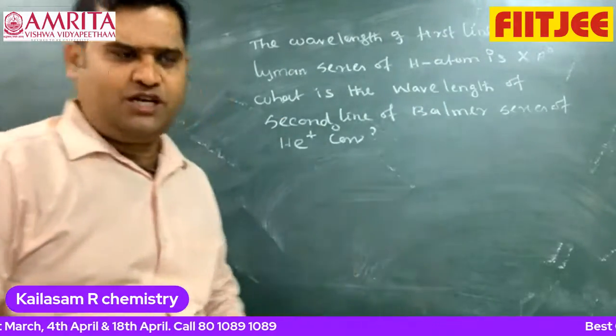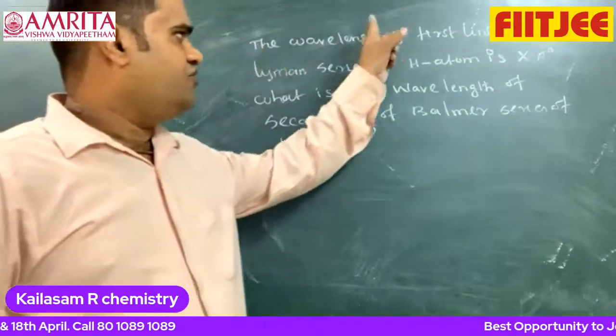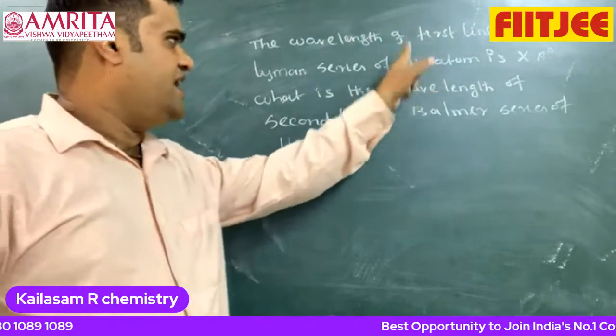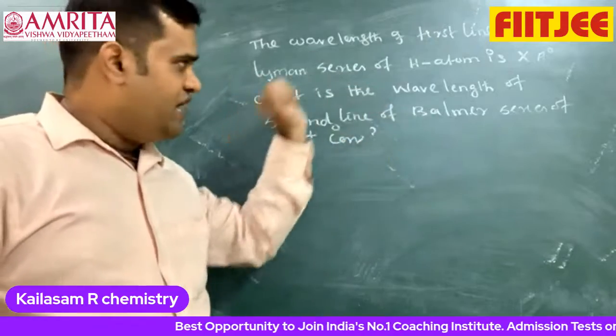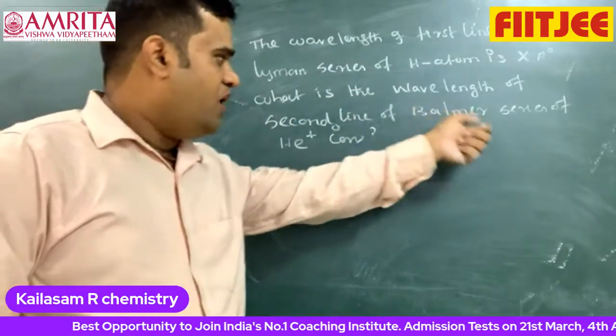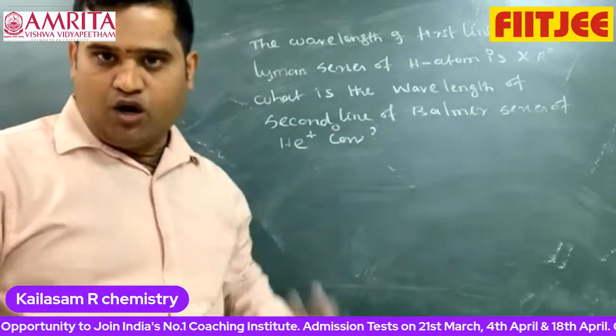Repeating the question: the wavelength of the first line of the Lyman series of hydrogen atom is X angstrom, and find the wavelength of the second line of the Balmer series of helium plus ion.